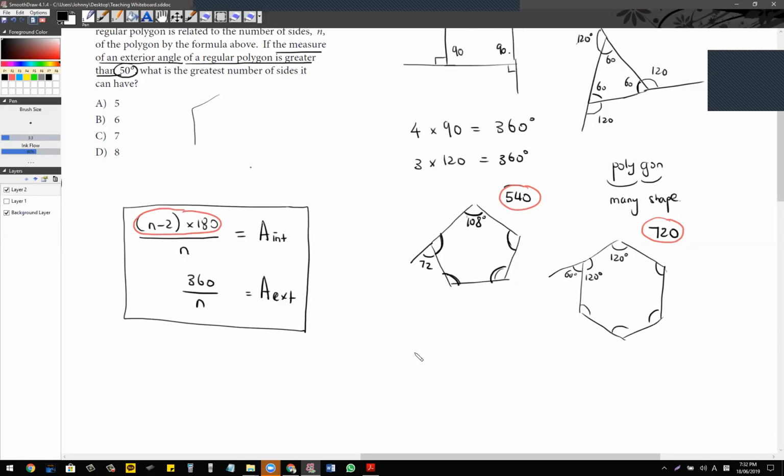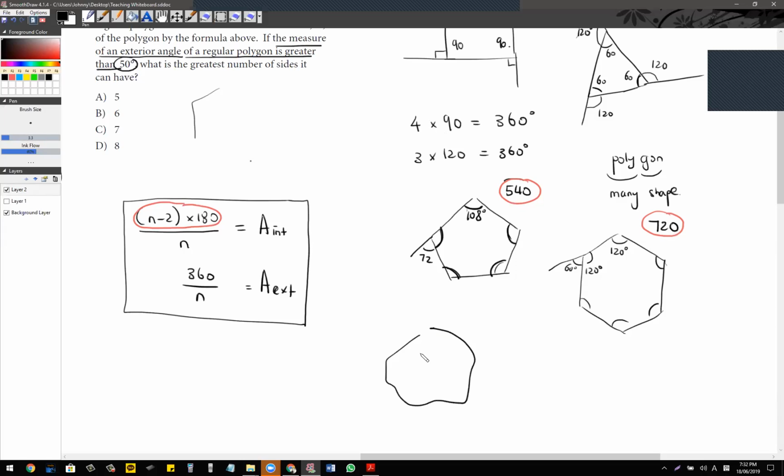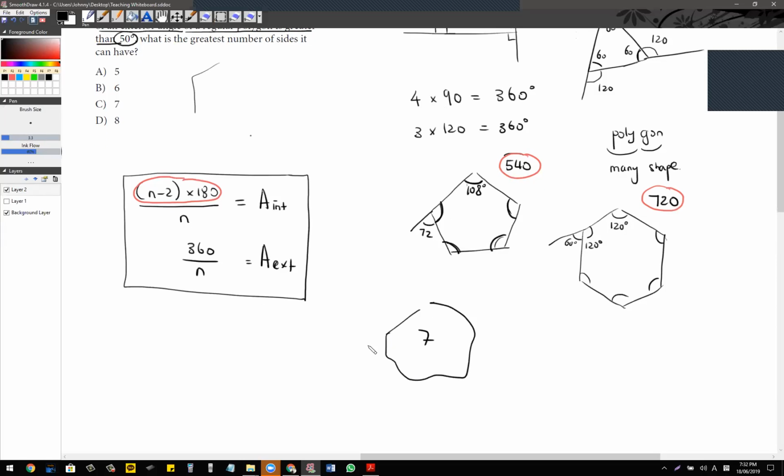That's 60. If you have some 7-sided figure, what's going to be the angle here? It's 800. Oh, it's 900. 900, and divided by it. You can use this formula here, 360 over n. It'll be about 51.4 degrees.